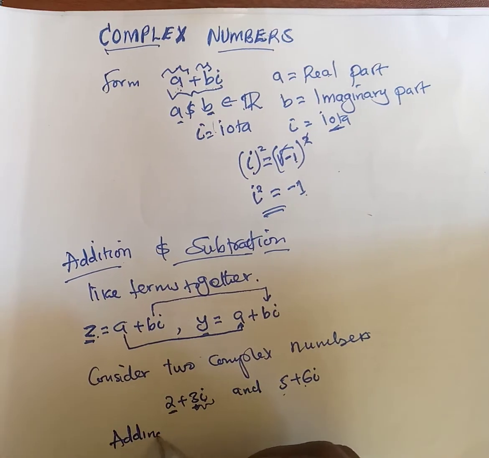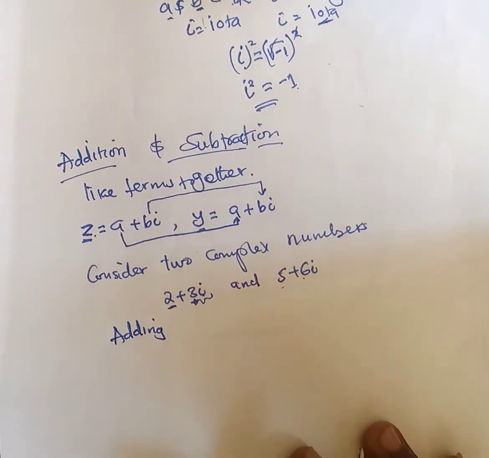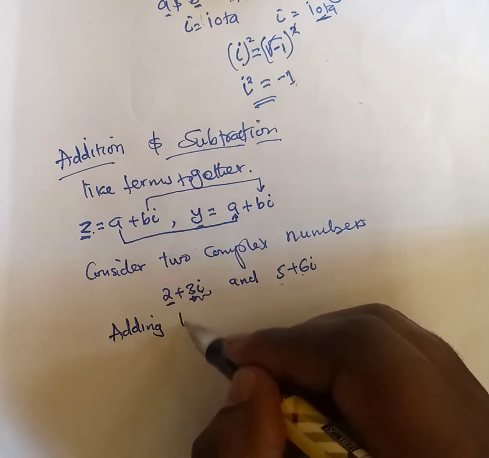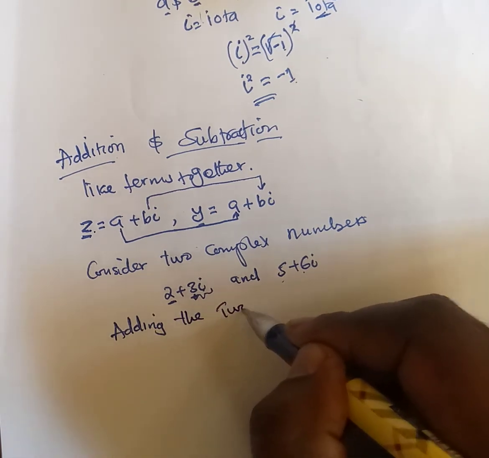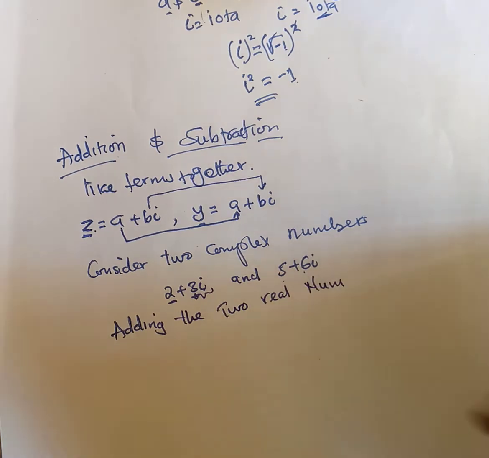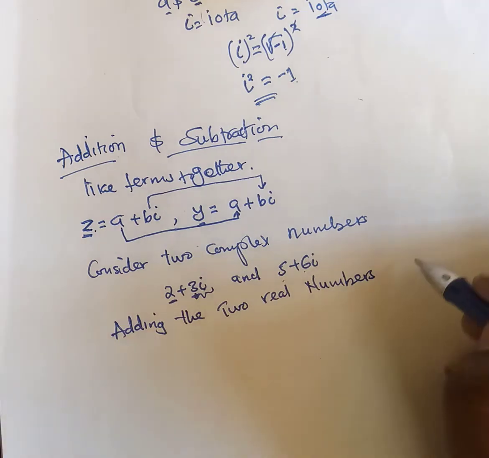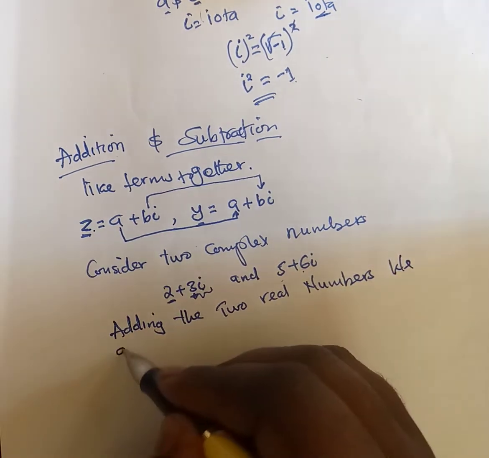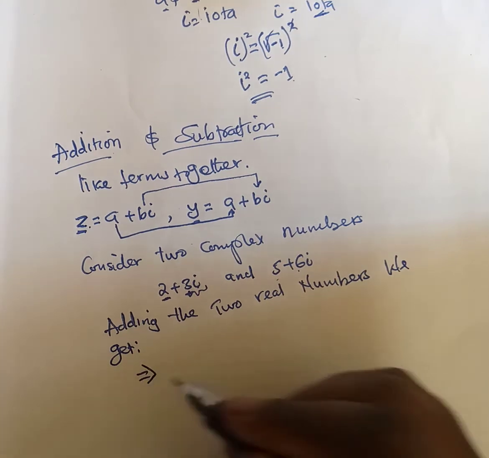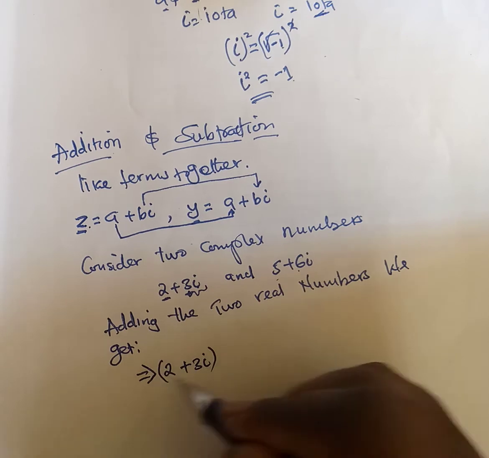So adding, let me make sure that one is clearly captured. Adding the two complex numbers, we get, so let's see, we have 2 plus 3i, that is one complex number.